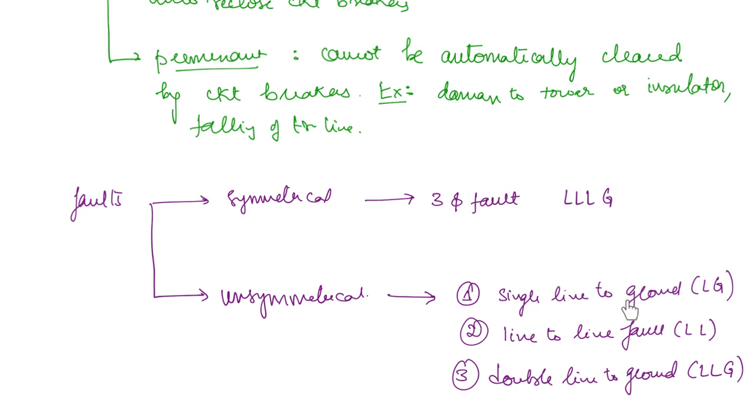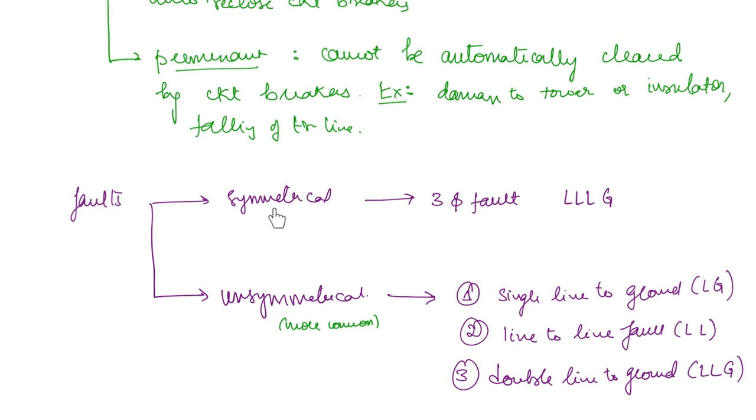Here, if there is a single line to ground fault, then the other two lines are not going to have the same fault current that is there in the faulted line. So there will be some imbalance produced in the three-phase system. That is why it is called an unsymmetrical fault. One more thing here is that unsymmetrical faults are more common.